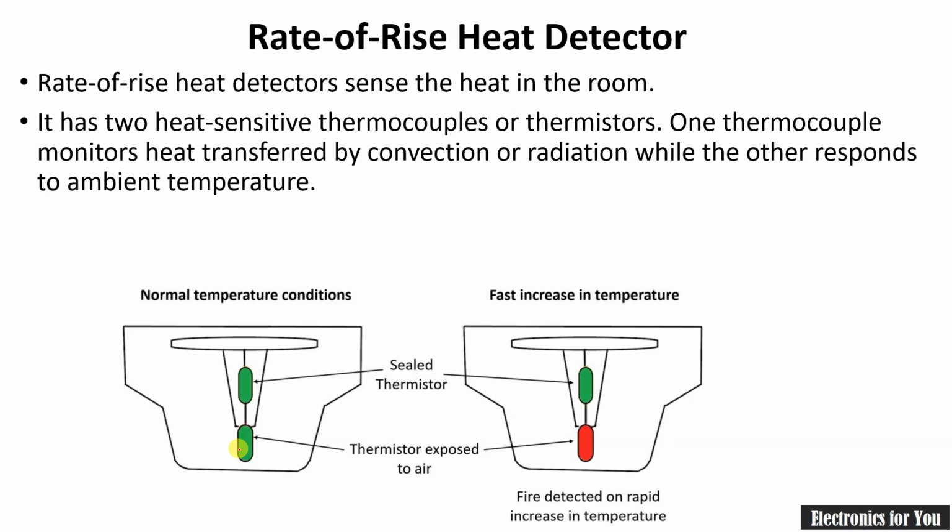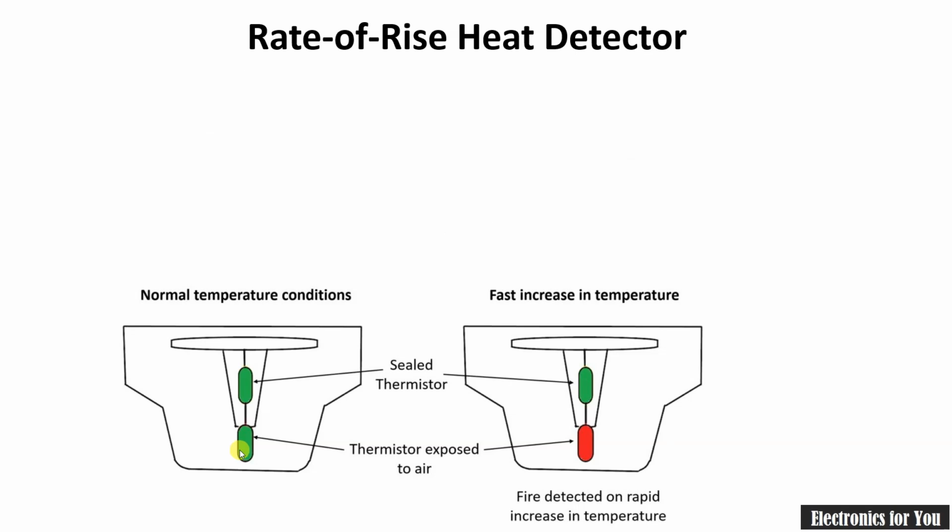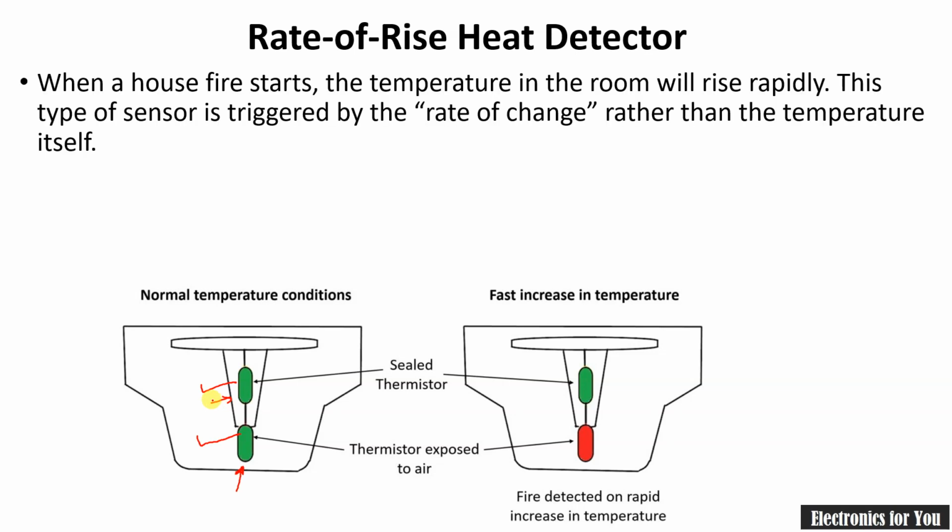Now consider the normal condition: the temperature of the sealed thermistor and the thermistor exposed to air will remain the same, because in normal condition the air temperature is the same. Now when there is a fire, the temperature will start rising, and if the rate of change of temperature is high, the rate of rise heat detector will identify this temperature difference and give the alarm.